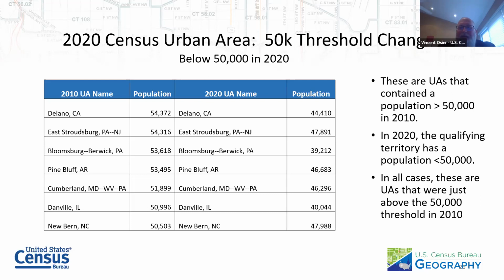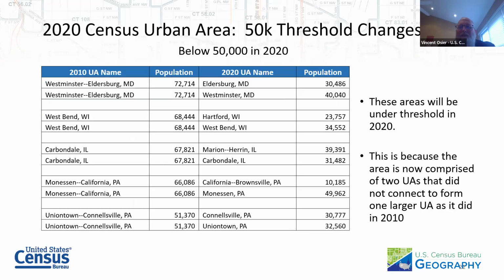This in the next slide. These are ones that in some cases, like Cumberland, Maryland area and New Bern, North Carolina, no matter what we did, they've just lost large amounts of population, and no matter how it was delineated, it just couldn't go back over the 50,000.